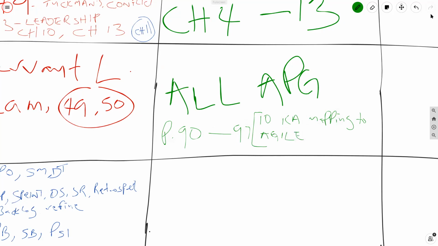This is so important. It's going to help you understand how these knowledge areas are actually accounted for in whatever Agile framework you're using.